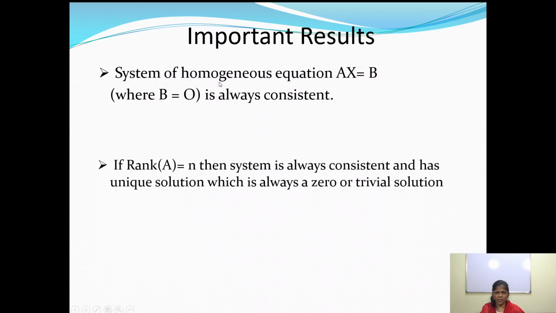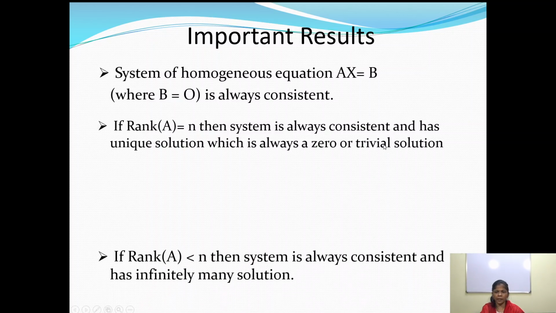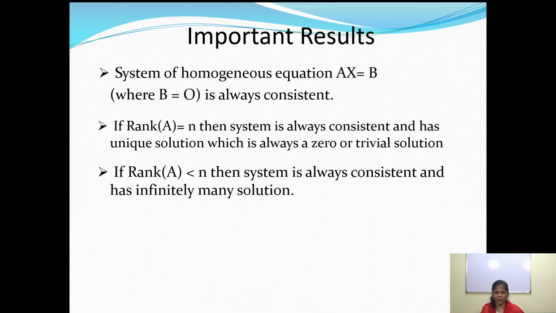Now, when a homogeneous system of equations is consistent, there are two possibilities. If the rank of A is equal to n, then the system will have a unique solution, which is always the zero or trivial solution. In such a case, the given set of vectors will be linearly independent.